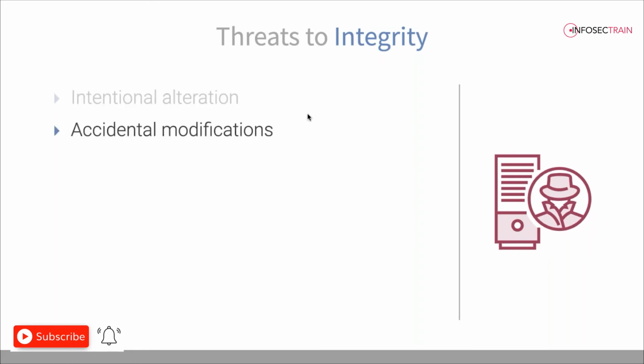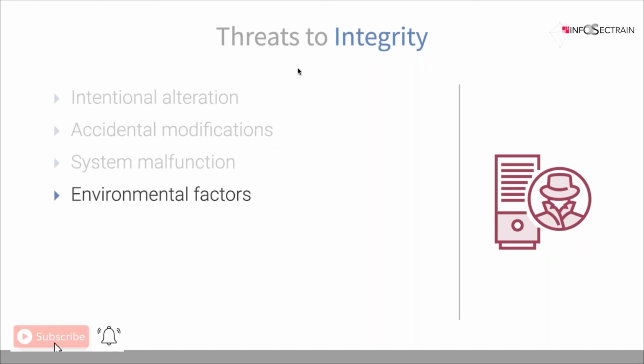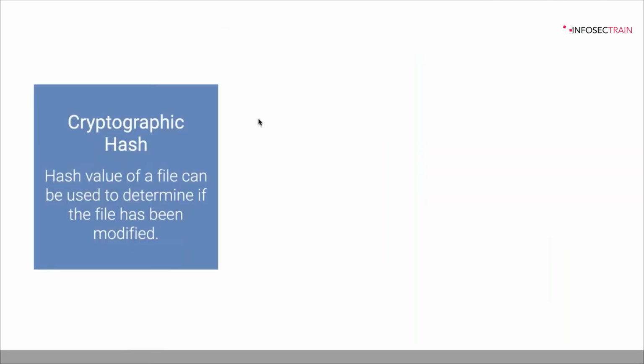Accidental modifications can happen again. System malfunctions can lead to integrity issues. Environmental factors such as maybe magnetism, dust, etc., can sometimes alter or corrupt the data. It can happen.